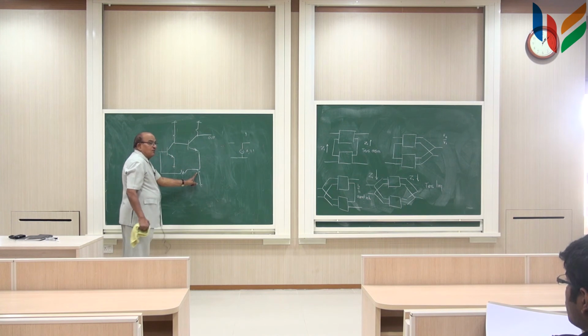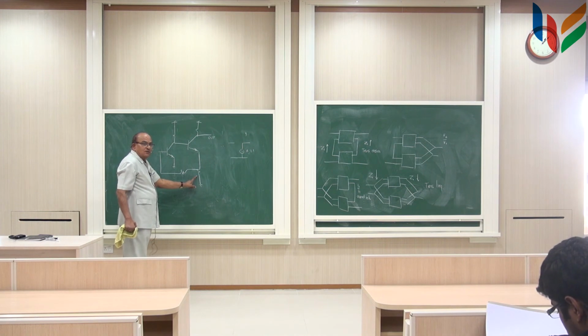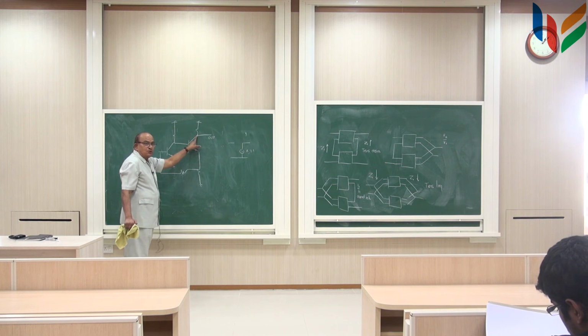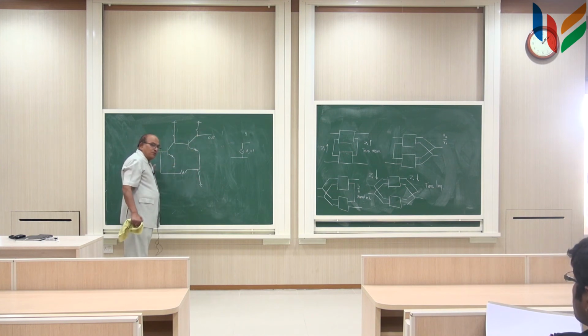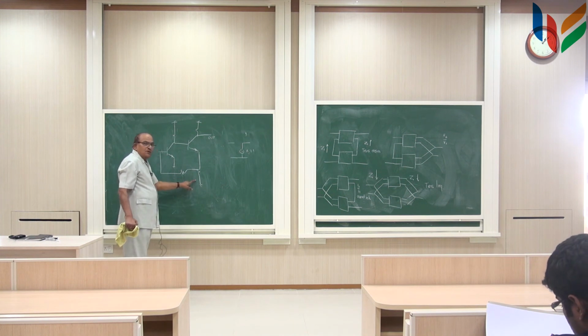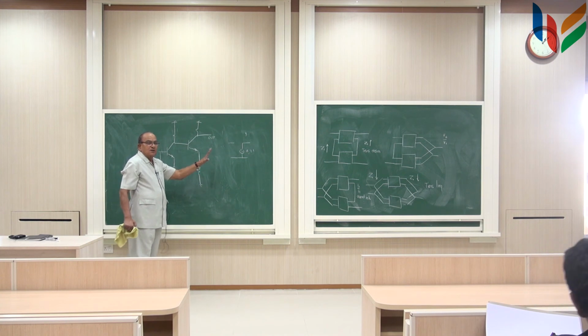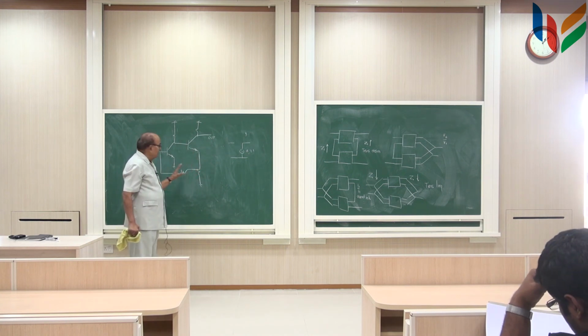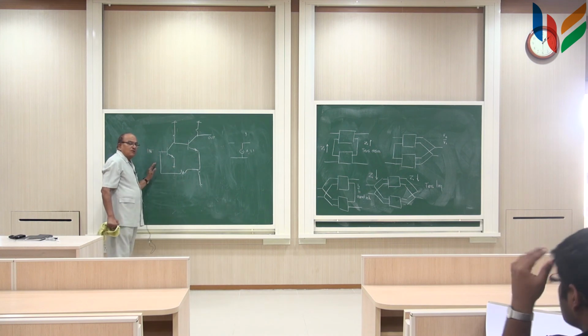The common parameter for the output and the feedback variable here is current, right? The output is proportional to the output current multiplied by resistance. This is this voltage here, and feedback here is proportional to the current here. So on the output side the parameter is current. Agreed? What about the input side?